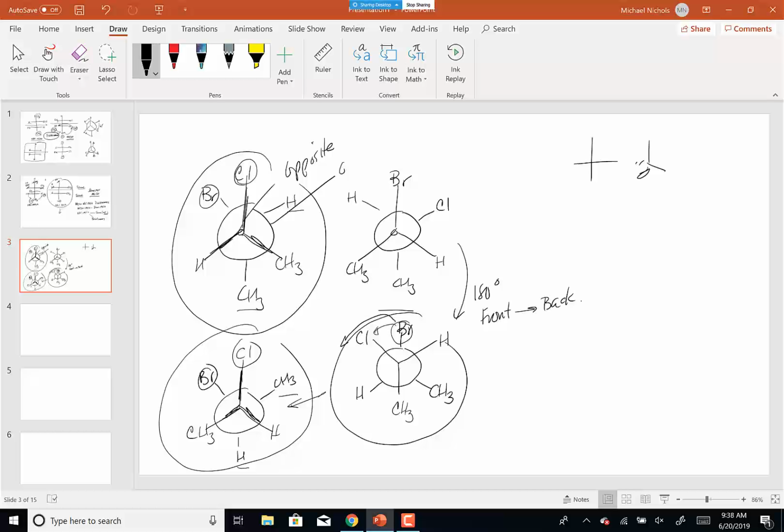So what does that mean? That means it's opposite. So front carbon's opposite, back carbon's opposite. These two are enantiomers, right? Because every single carbon has the opposite configuration. So that makes these two enantiomers. Both carbons are opposite in configuration.